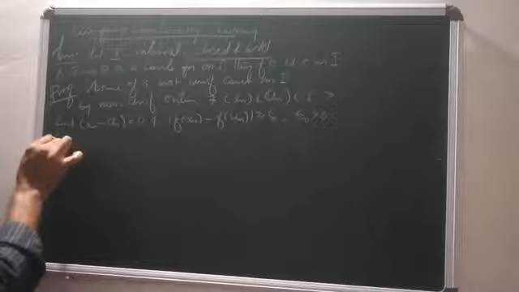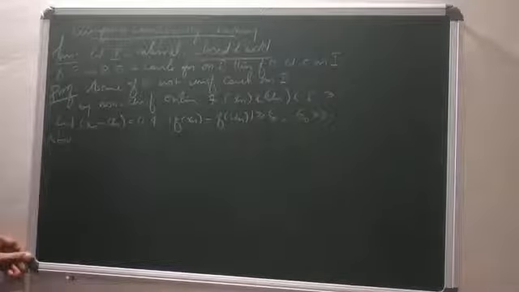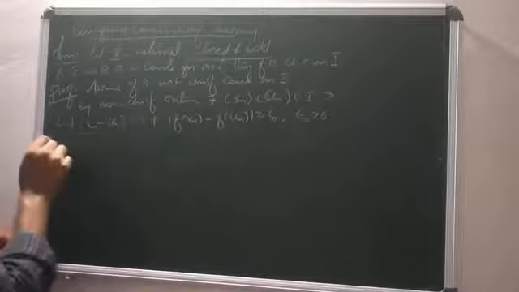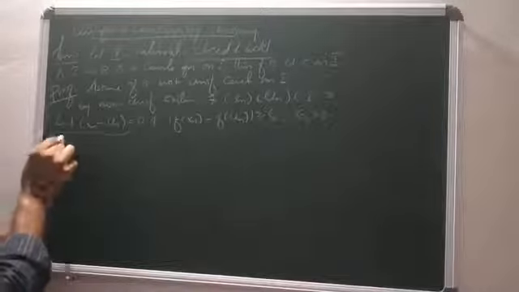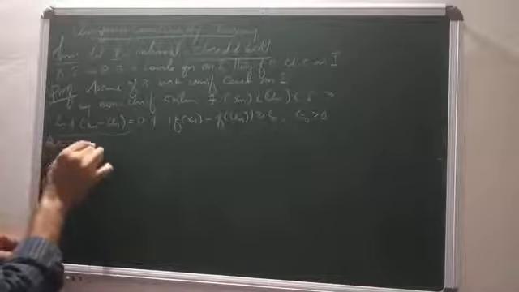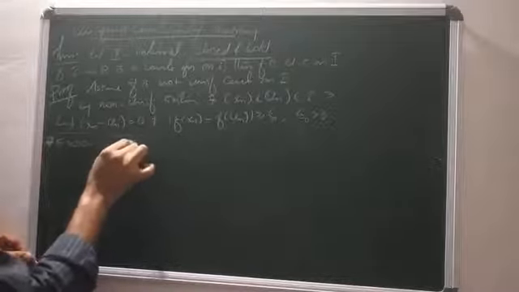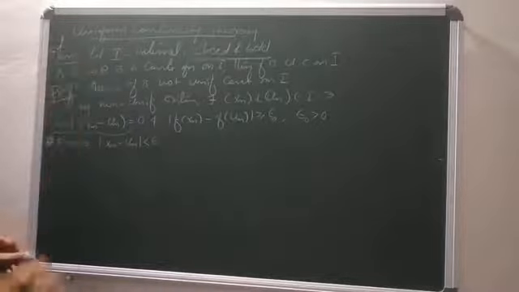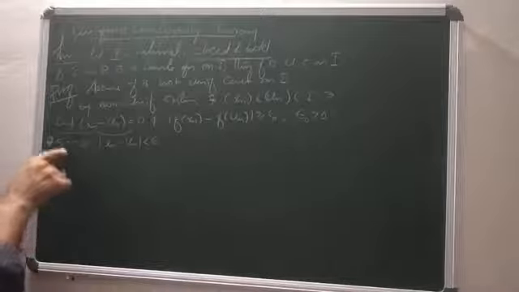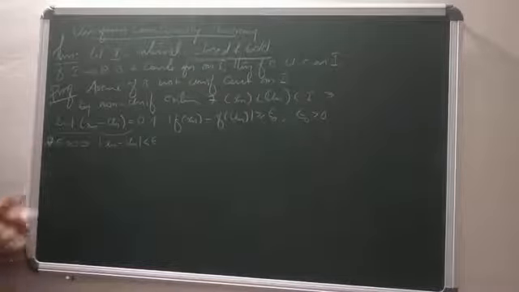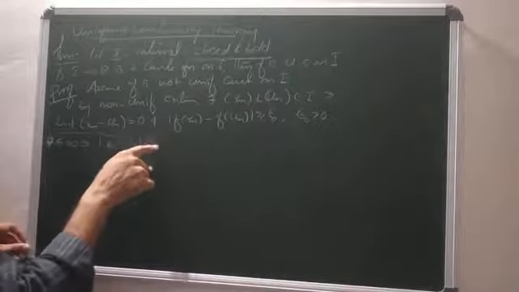Now, the limit of xn minus un equals 0 means that for any positive epsilon, the modulus of xn minus un is strictly less than epsilon. Instead of delta, we use epsilon here.